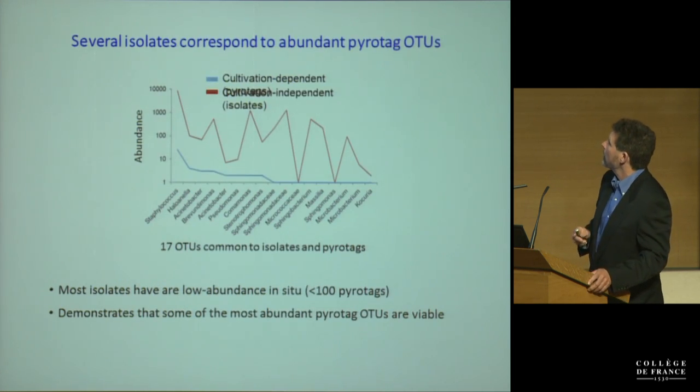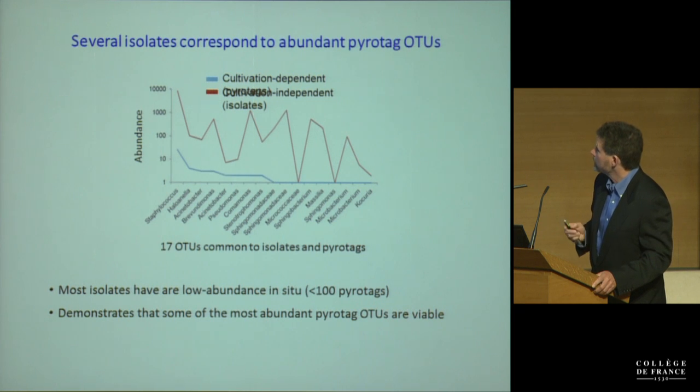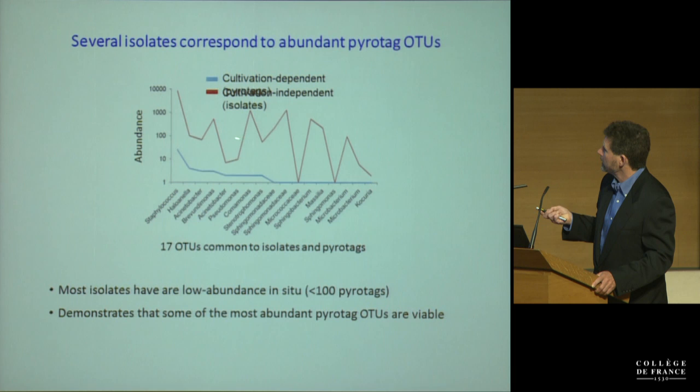I'm not sure why this graph got corrupted, but basically what this is doing is it's comparing abundance of OTUs. So these are the shared OTUs in both the culture collection and the pyrotag data set. And the top red line is the pyrotag data.